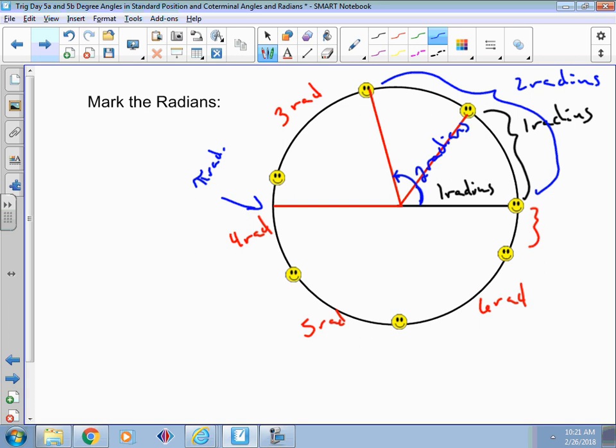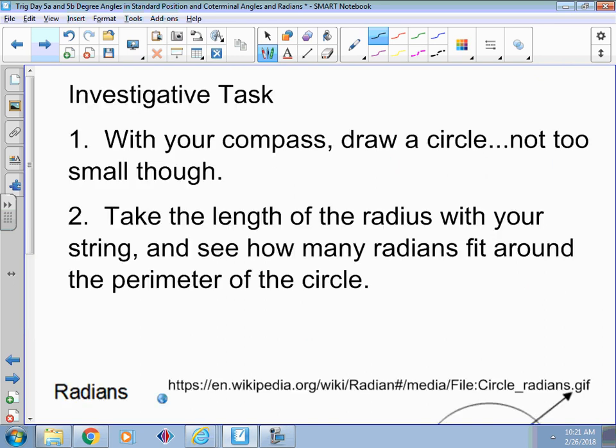So when I went to 6 radians and then added a little bit more, well, if half a circle is pi radians, then a whole circle would have to be 2 pi radians around. 2 times 3.14 is approximately 6.28 radians. So it takes a little bit more than 6 of these radiuses to go around an entire circle.